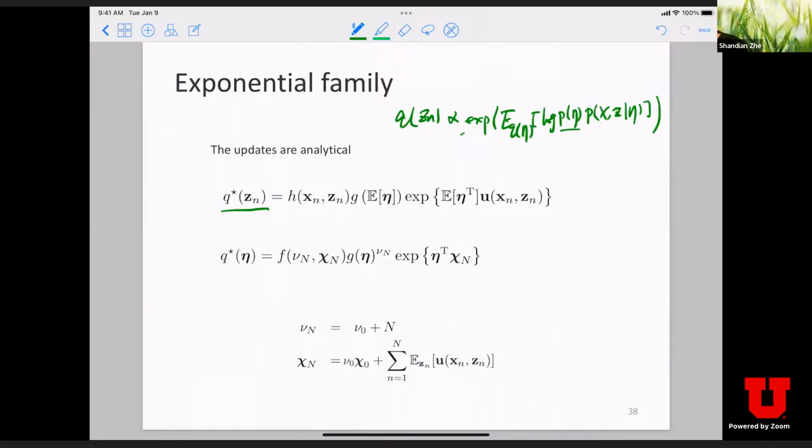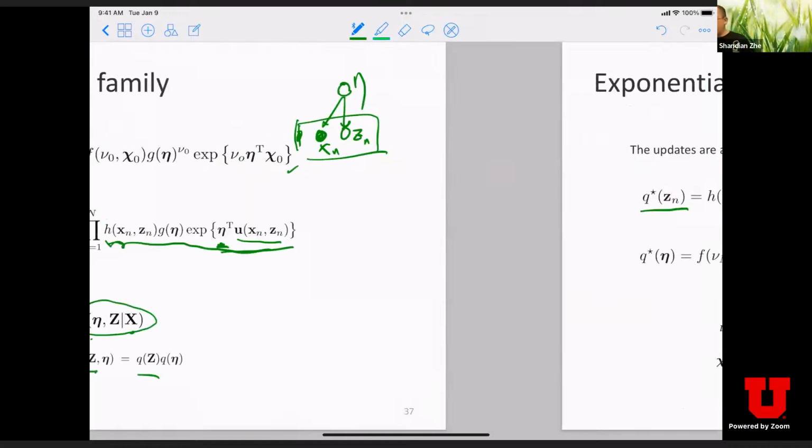So this is proportional to the exponential of the expectation under Q of eta of the log likelihood that contains Z n only, which is the n-th data point, because only this likelihood contains Z n; all the other likelihoods don't contain Z n.